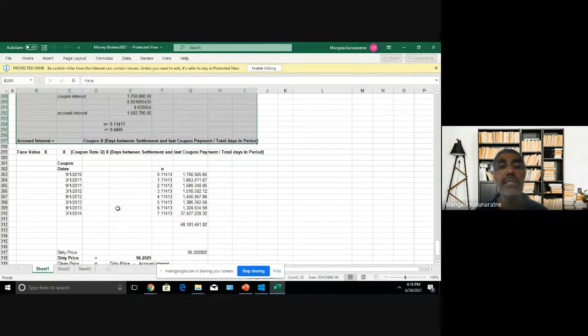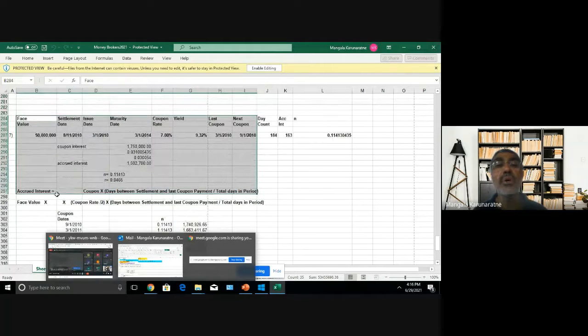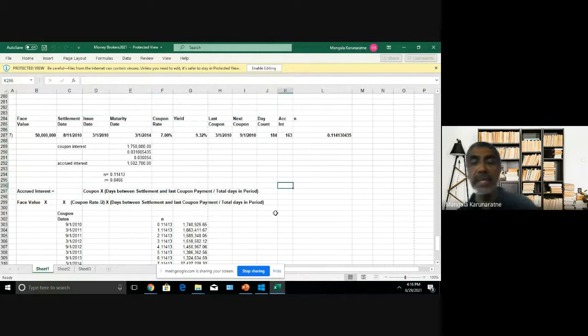Because this is a 4-year bond, so there are 8 cash flows. I will also be explaining this using this spreadsheet. The answer is there anyway, so you can go through it while I'm explaining.